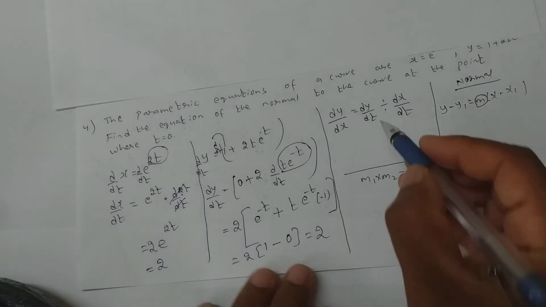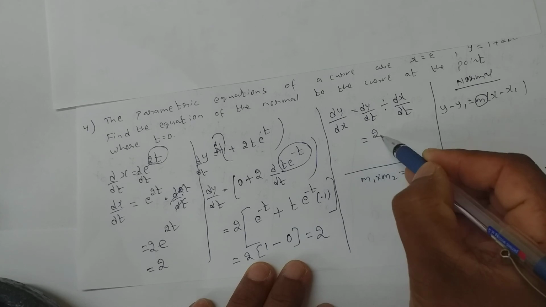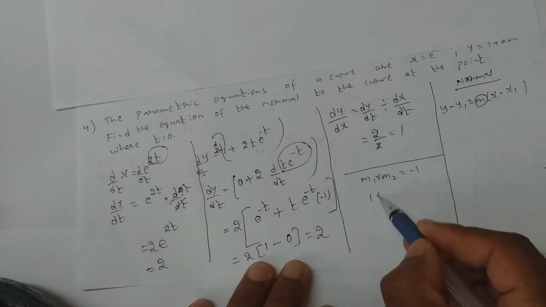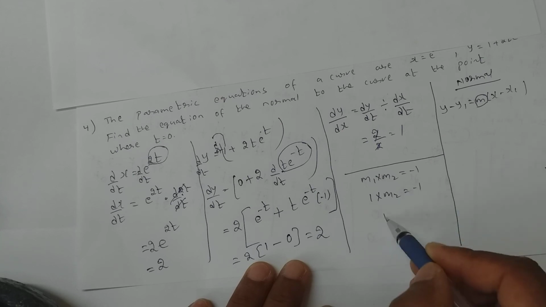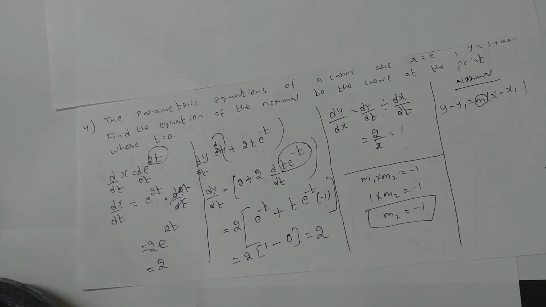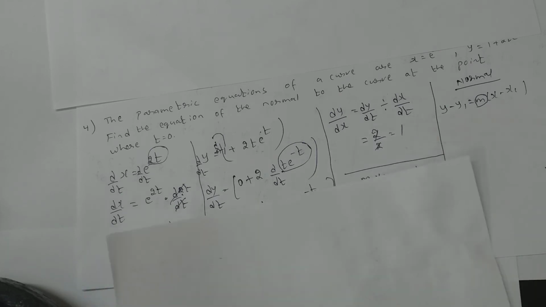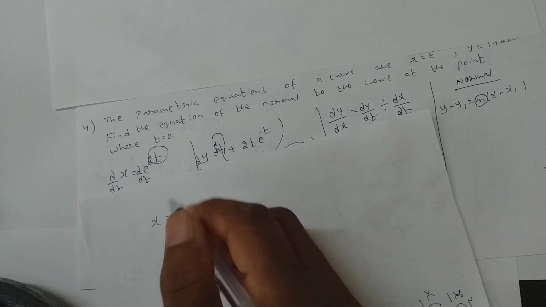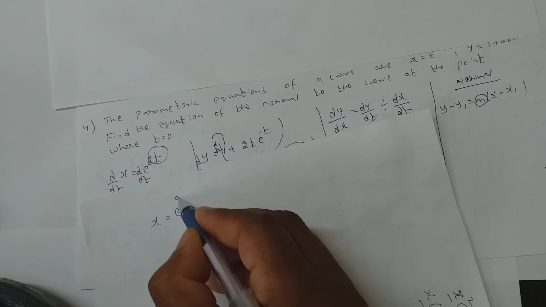So now how much will my slope dy by dx be? 2 by 2, which is 1. So slope of tangent is 1, and 1 into m2 equal to minus 1. So m2 equal to minus 1. I need x1, y1. So x equal to e power 2t.